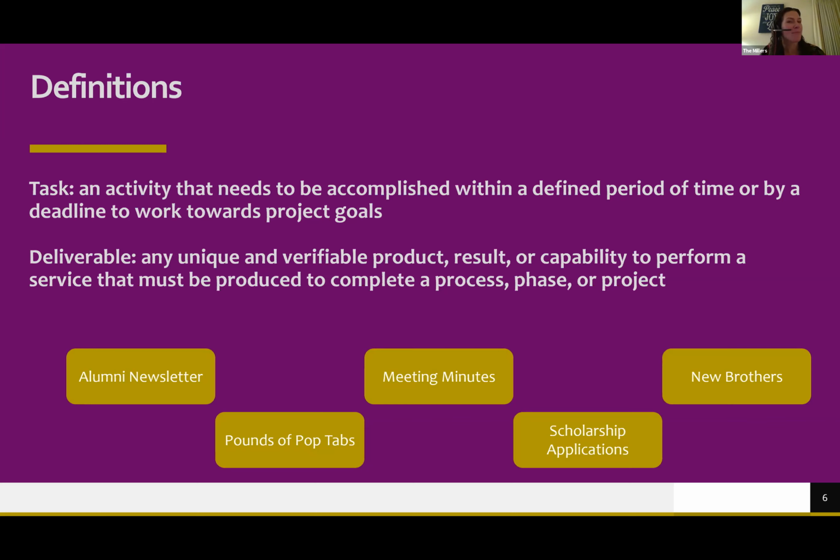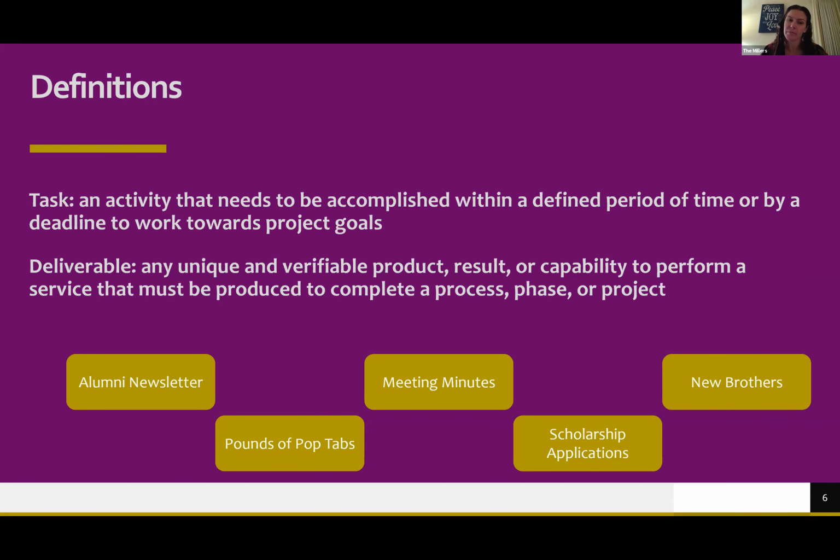The pounds of pop tabs that come out of your Ronald McDonald House community service event. Your meeting minutes are a deliverable for your VPCO. Scholarship applications are deliverables for your VPSA. And new brothers, believe it or not, are a deliverable for your senior vice president. They're an example of the deliverable that they achieve when completing recruitment successfully as a project.